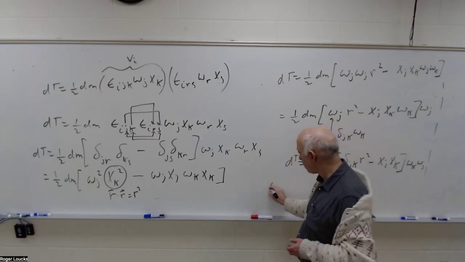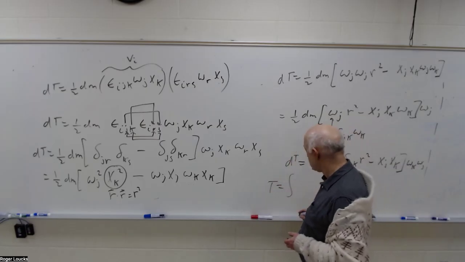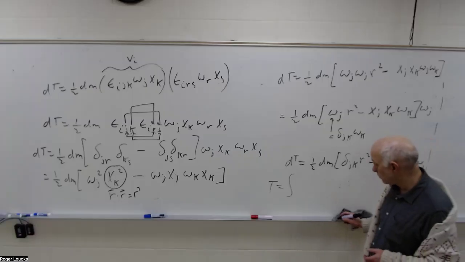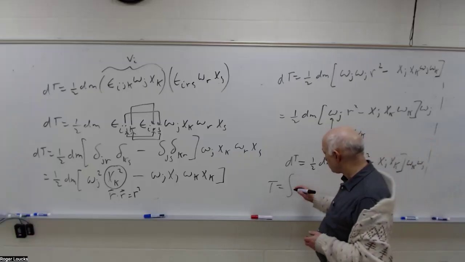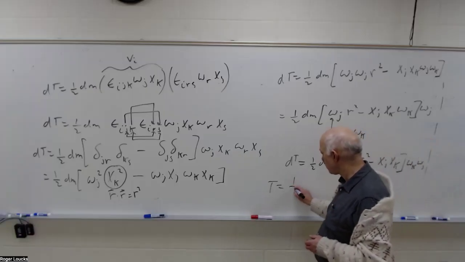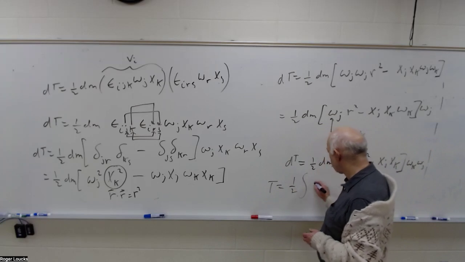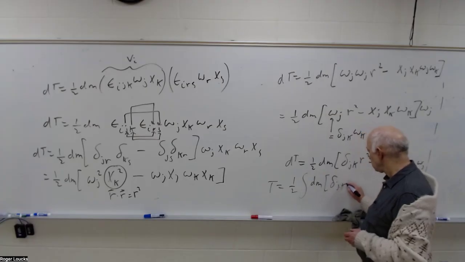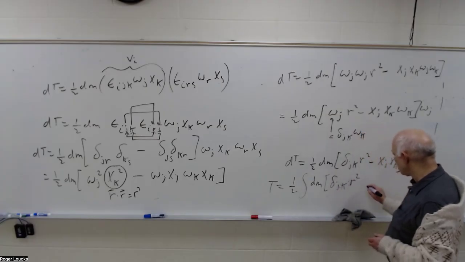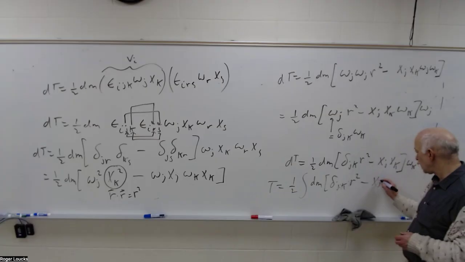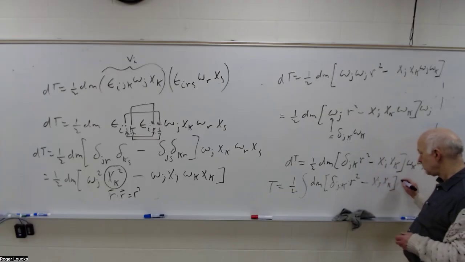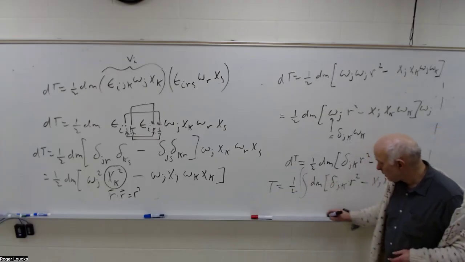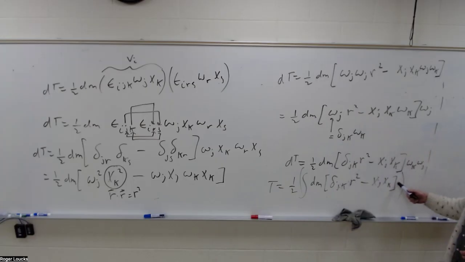Then I'm going to integrate over this whole thing to get the total kinetic energy. So I'm integrating over this entire object here. Pull out the 1/2 here. I'm going to integrate over the whole object here. So this dm delta j k r squared minus x j x k. Gonna end my bracket here. These are going to be fixed, so I can pull them out of the integral.